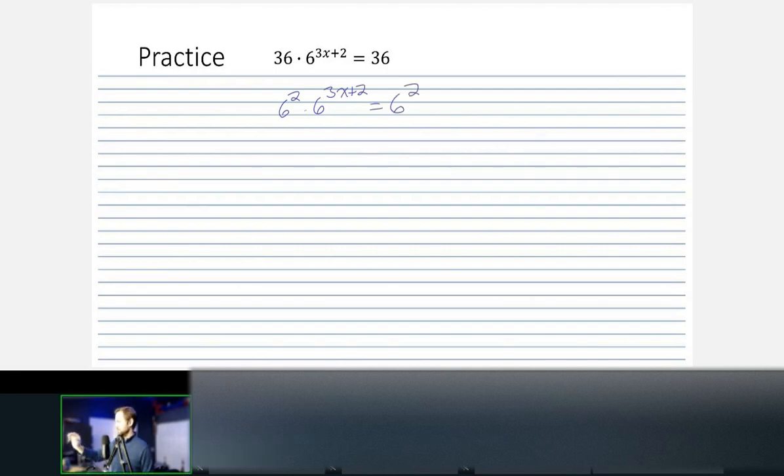Yeah, this one's really easy. Yeah, negative 2/3. Something I didn't mess up. Too easy.